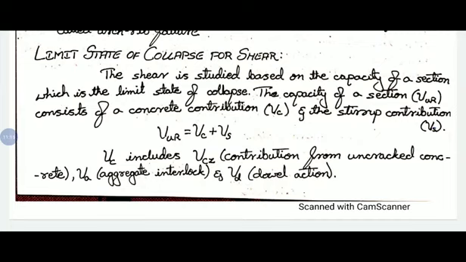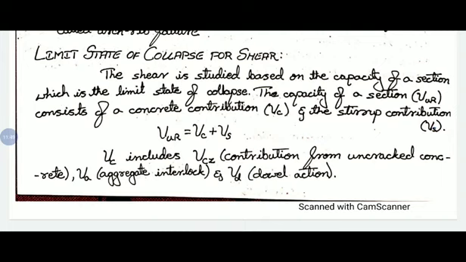So the capacity of the section consists of concrete contribution and the stirrup contribution. Obviously, when you are applying certain load on the beams, the concrete will carry some amount of load and later it will transfer to the steel, but in case of shear it will be transferred to the shear reinforcement, that is stirrups what we are going to provide in the beam.